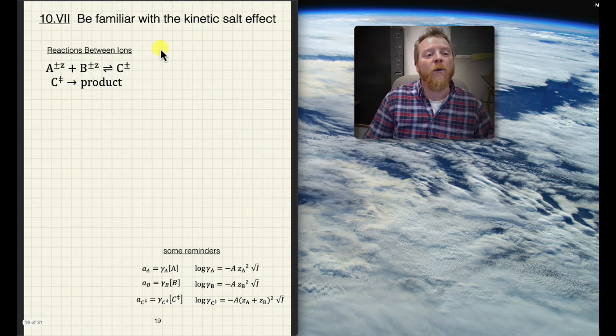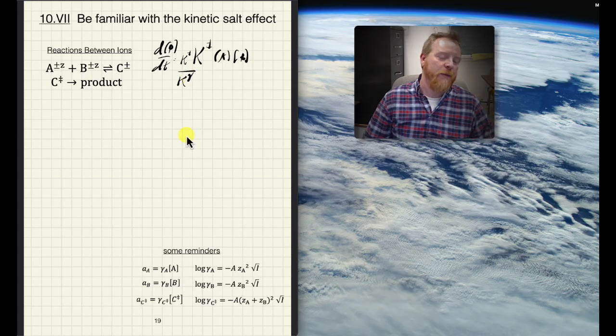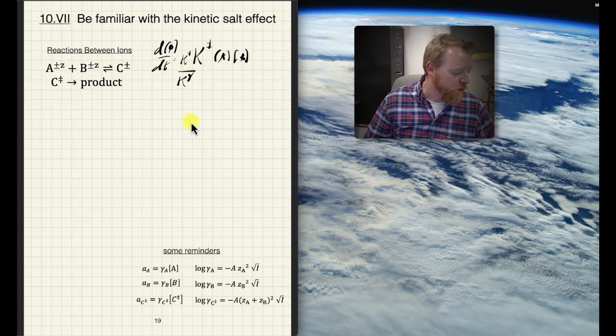So let's keep going with that. So let's remember dP by dt, right? That was little k double dagger times big K double dagger times A times B, and that was all divided by big K gamma. So there's a couple ways that we can approach this.